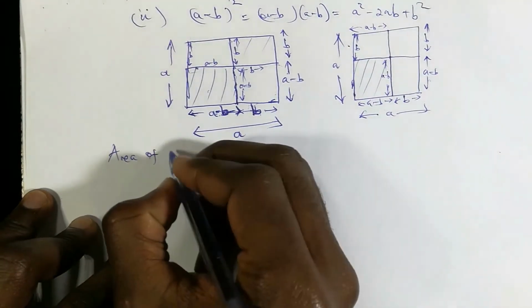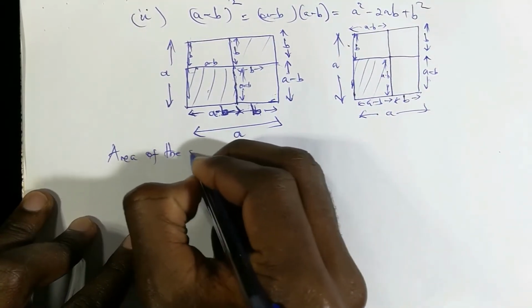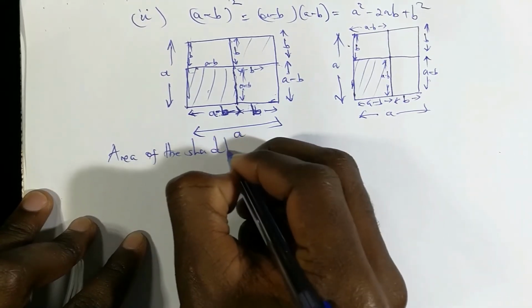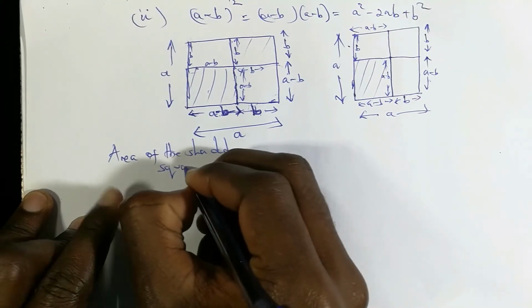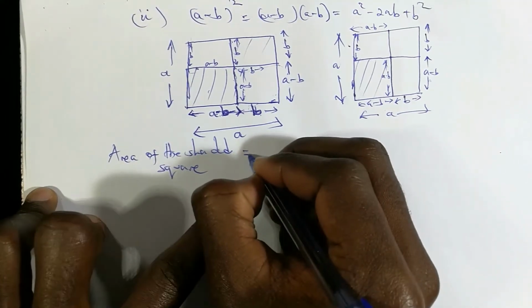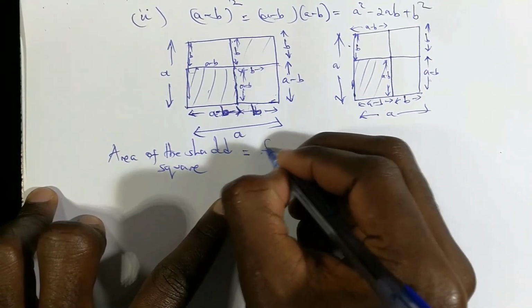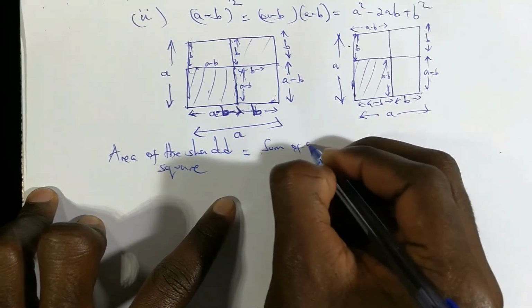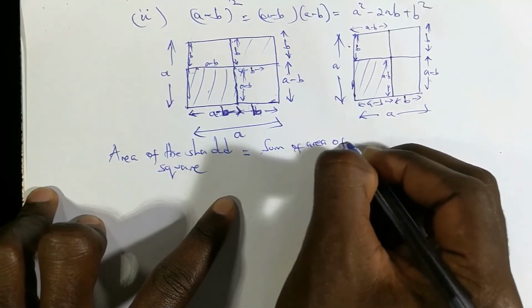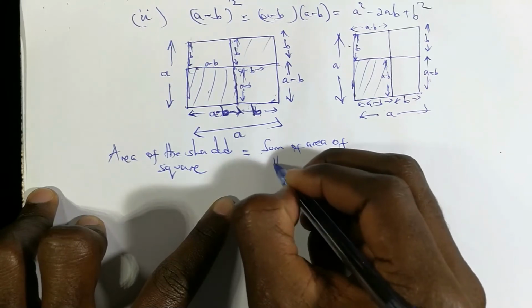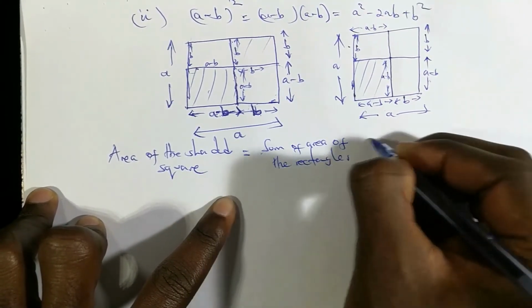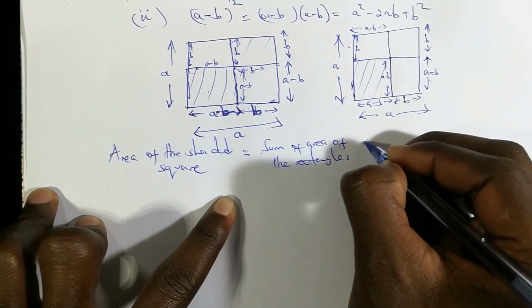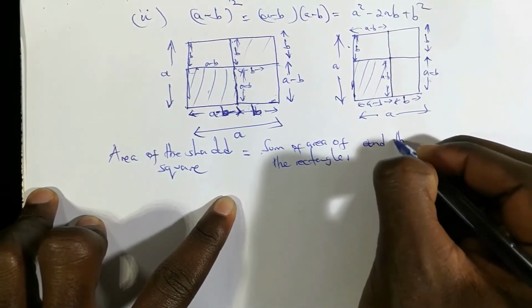Now the area of the shaded square is going to be given by the sum of the area of the rectangle and the square.